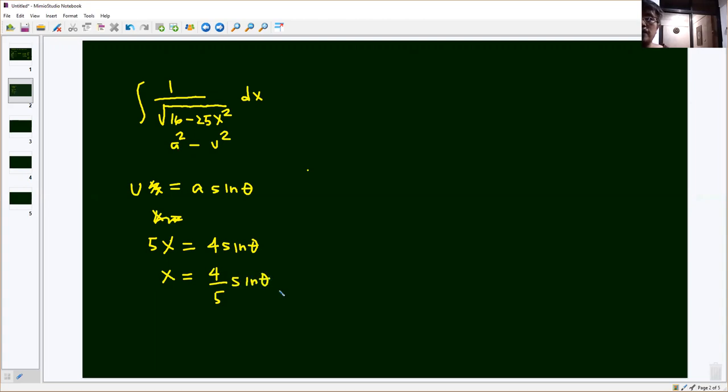So, pag ipapalit natin doon, i-transform na natin. 16 minus 25 x squared. And when you square this, it would be 16 over 25 sine squared.